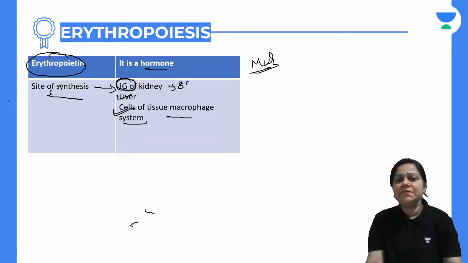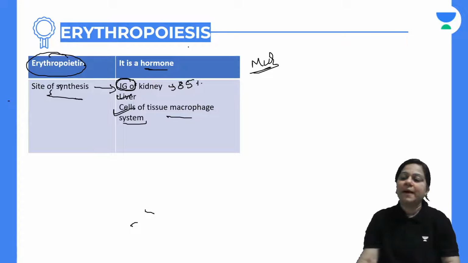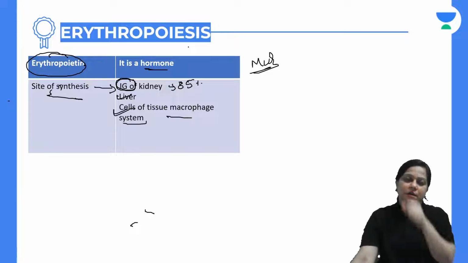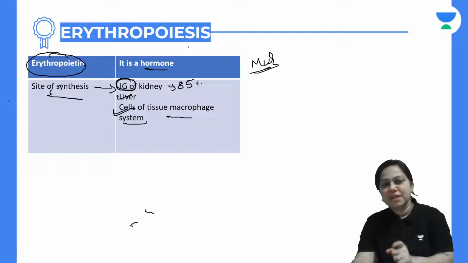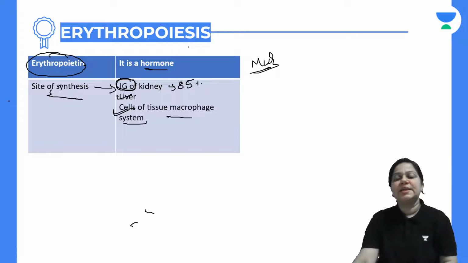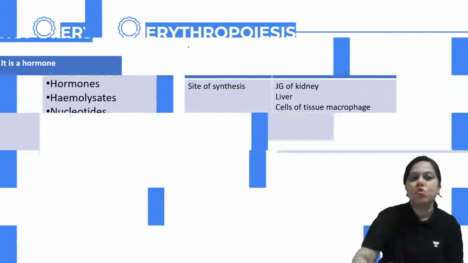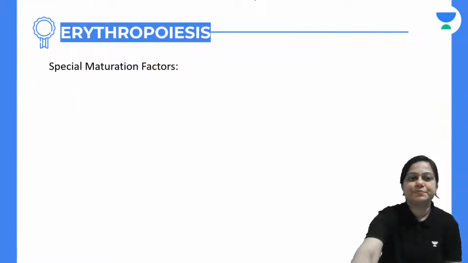Approximately 85% of erythropoietin is formed by the juxtaglomerular apparatus of the kidney. The rest, 15%, is formed by the liver and cells of the tissue macrophage system. Erythropoietin is a hormone.